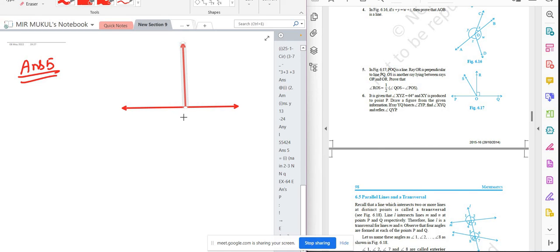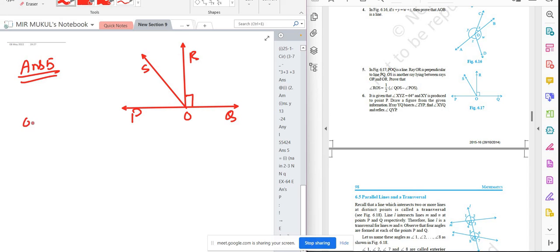Draw it. Then here draw another ray. So this is P and this is Q, this is O and this is R and this is S, right? And this is 90 degree.